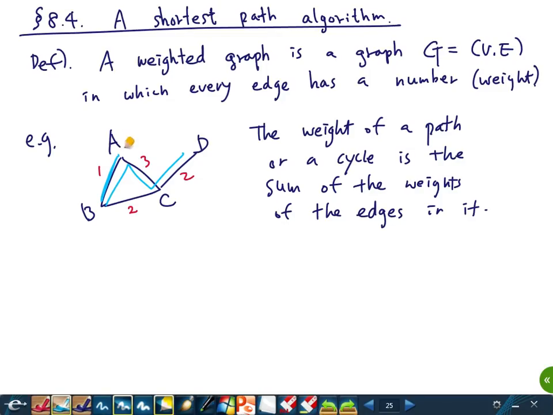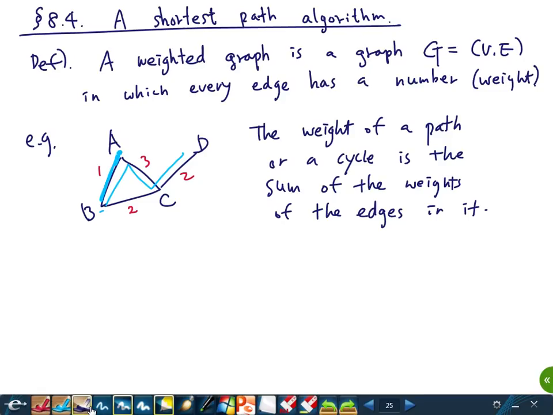That means maybe there is a direct road from A to B, but you know the distance can be different. Sometimes the edges are not treated all the same, because sometimes this road is much longer than the other road. So it's important to consider the weight there.